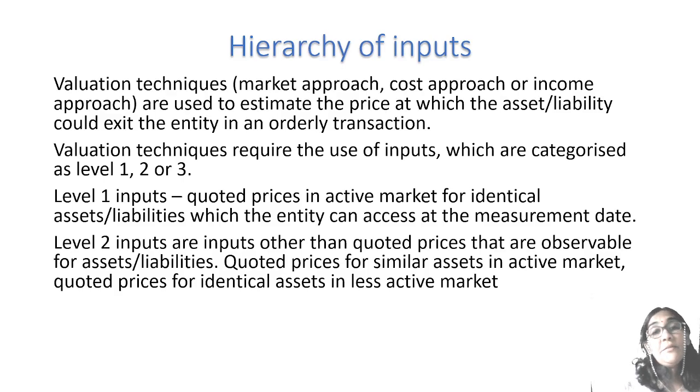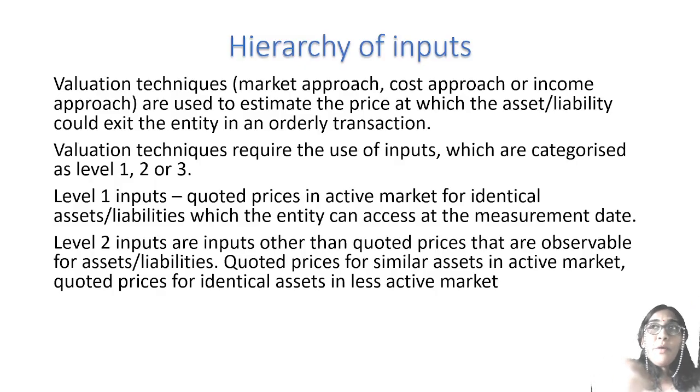Level 2 is inputs which are other than the quoted prices that are observable. Quoted prices of similar assets in a less active market, or similar assets in an active market, or identical assets in a less active market. For example, in a housing society which has 10 high-rise buildings, the apartments on different floors, the floor plan might be identical, but these apartments are not identical because the floor level will differ.